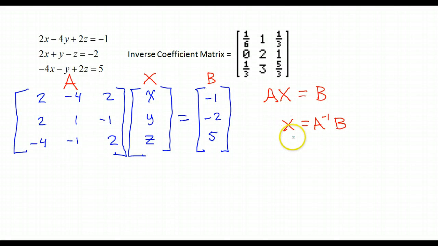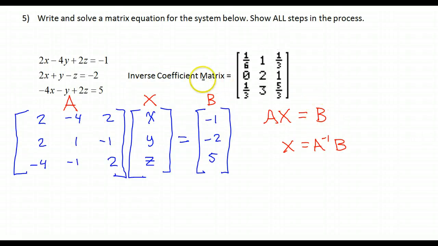This is the theory. So with this in mind, of course, we're going to be doing A inverse times B in order to find X, which is all the variables. So now we can go ahead and do A inverse times B. Now, I am giving you the inverse. See, it says right here, inverse coefficient matrix. I'm giving it to you because you don't know how to find the inverse of a 3 by 3 matrix. 2 by 2, you know how to do it.